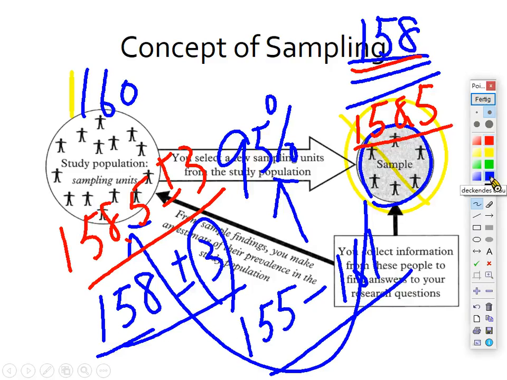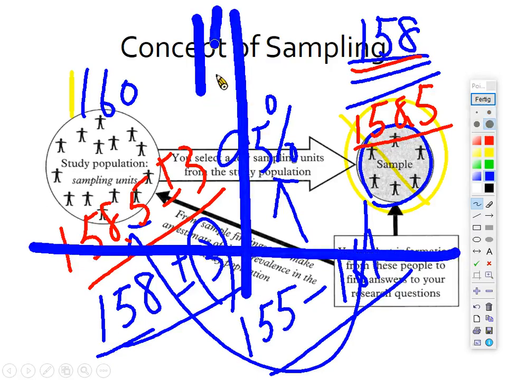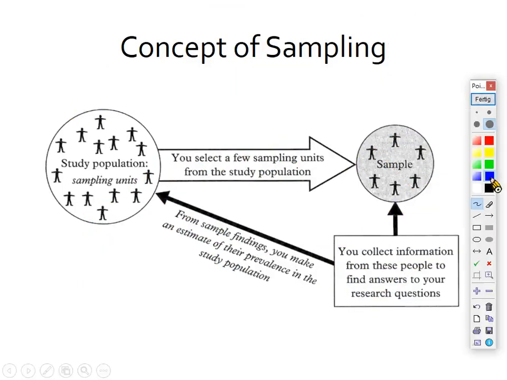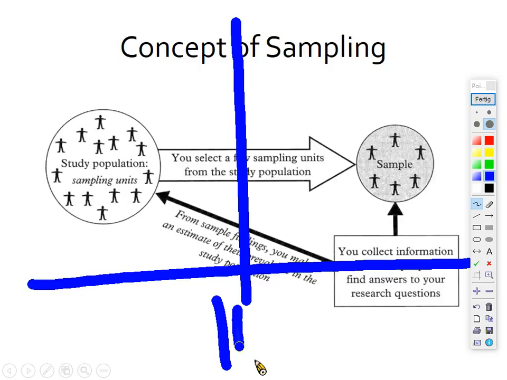Let's say one more time. Let's say, basically, the real average of the population is 160, right? But imagine this. When you select the first sample, you find out the sample average is 158.